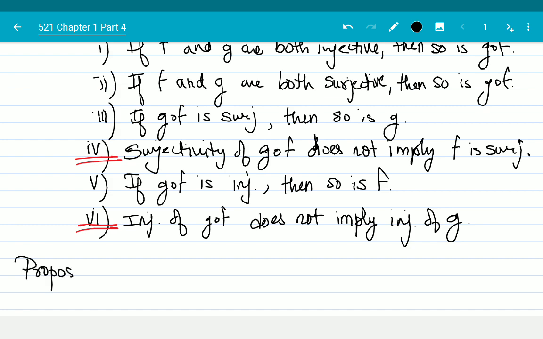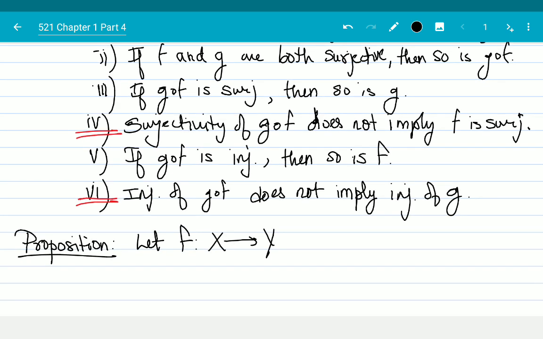Proposition. Now I'm going to take F from X to Y rather than A to B, because I'm going to be looking at a lot of subsets.